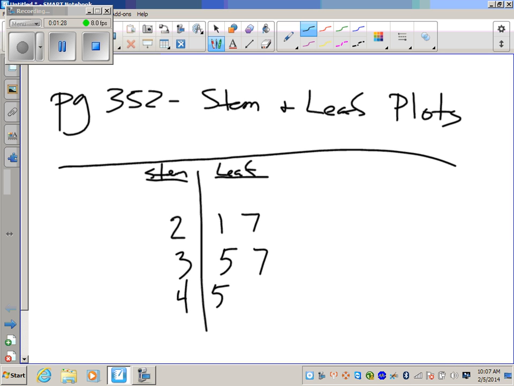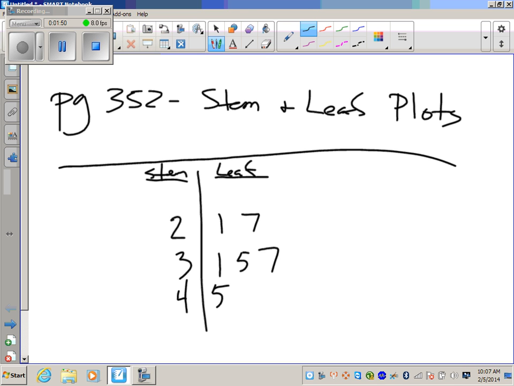Now normally, the leaves are ordered from least to greatest. So if you gave me 31, then I probably would reorder them. 31, 35, 37.